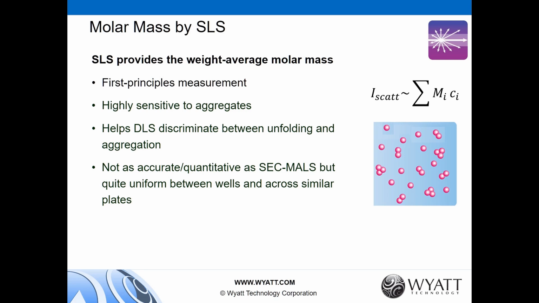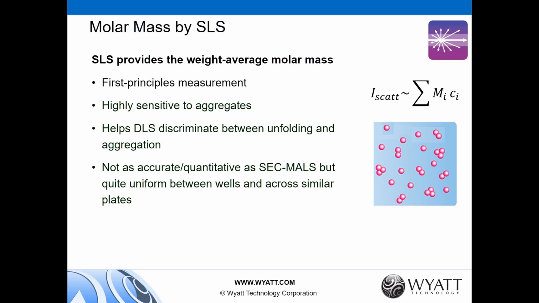Static light scattering is really sensitive to aggregates. So if you're looking for those few fairly large aggregates, they're going to show up immediately in static light scattering. Or if there are lower levels of small aggregates, those will also lead to a change in molecular weight that we can see with the SLS measurement.